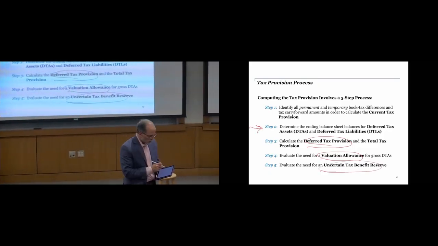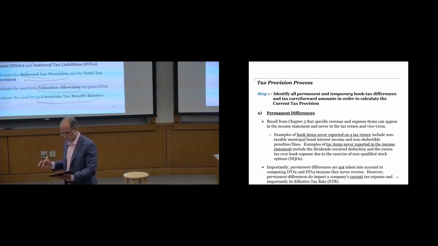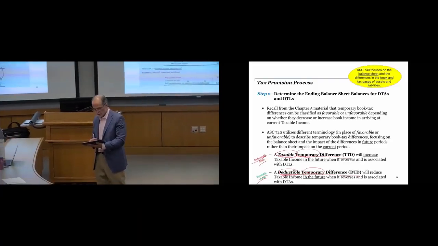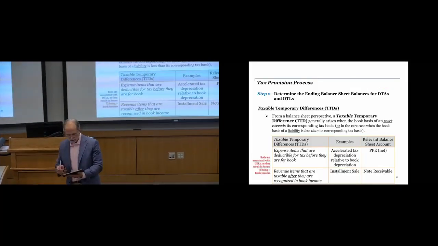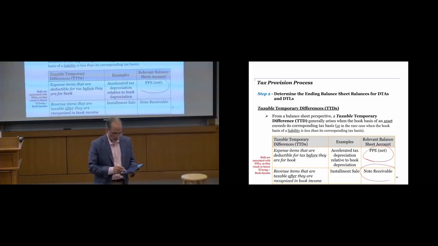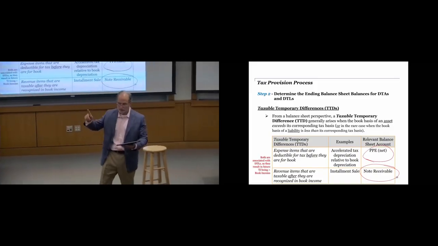So I think all the complexity here is in step 2. We blast through step 2 and talk about taxable temporary differences. So there's property, plant, and equipment, and note receivable. These are items that are going to give rise to tax in the future.